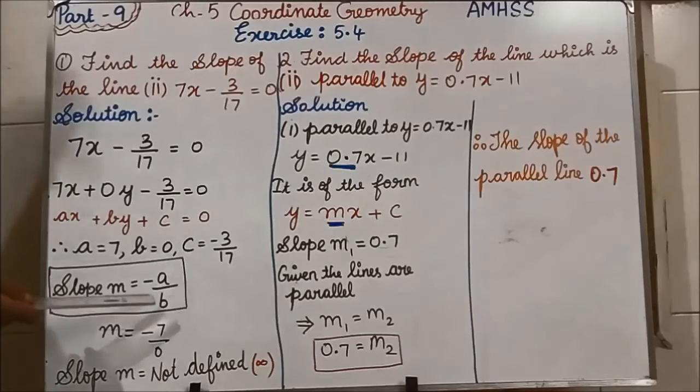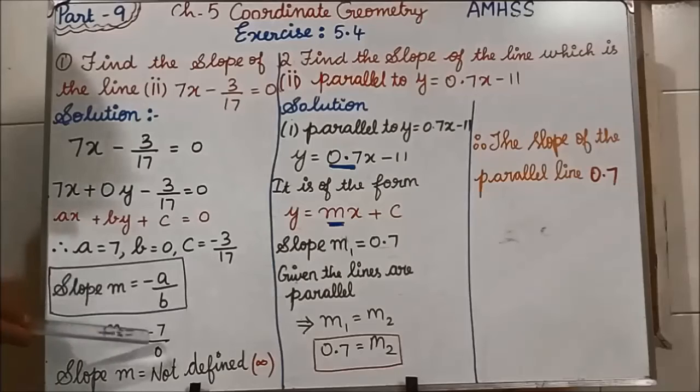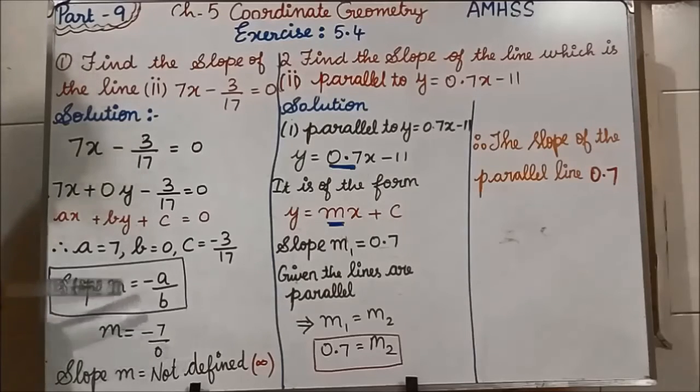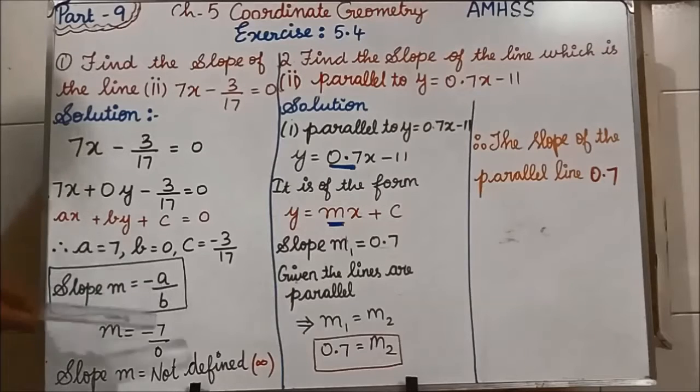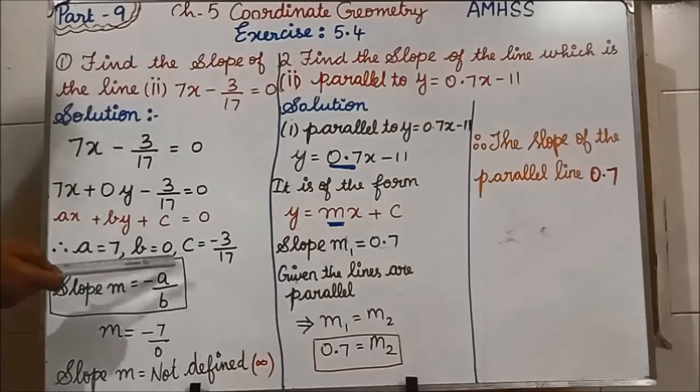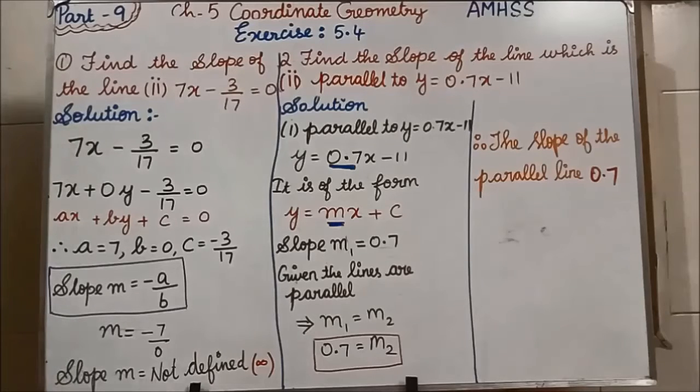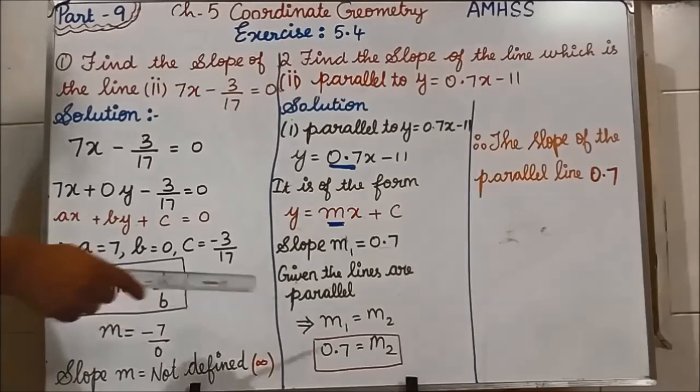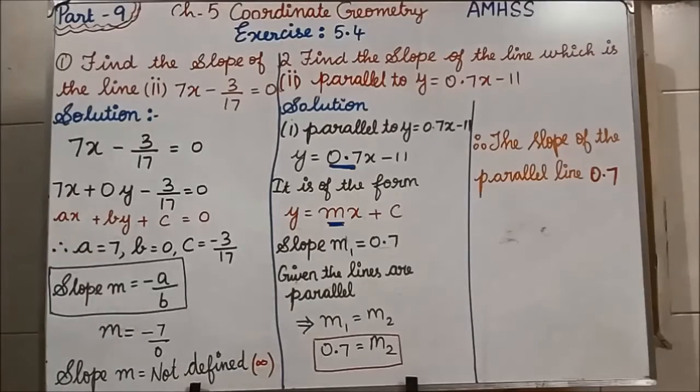So the minus a value: minus 7, divided by the b value, which is 0. In the formula there is a minus, so I have written that minus. Slope m is equal to any value divided by 0, and that answer is undefined, not defined, that means it is infinity. Clear? So slope m is equal to infinity is our answer.